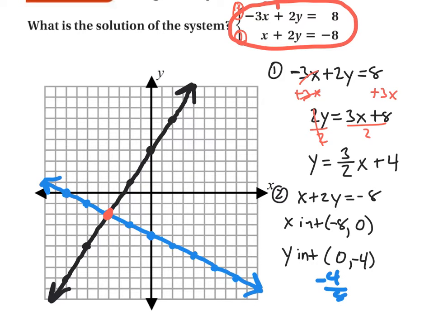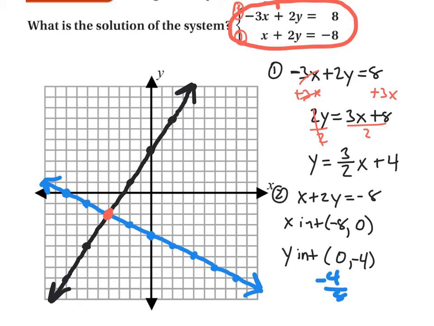We are finding all the points on this blue line, every x and y coordinate that satisfies that equation. In the black line, we're finding every x and y coordinate, every combination of x and y that satisfy the first equation. And so we're looking for that one point, that one value of x and y that satisfies both equations. And so, of course, that's where the two lines cross.